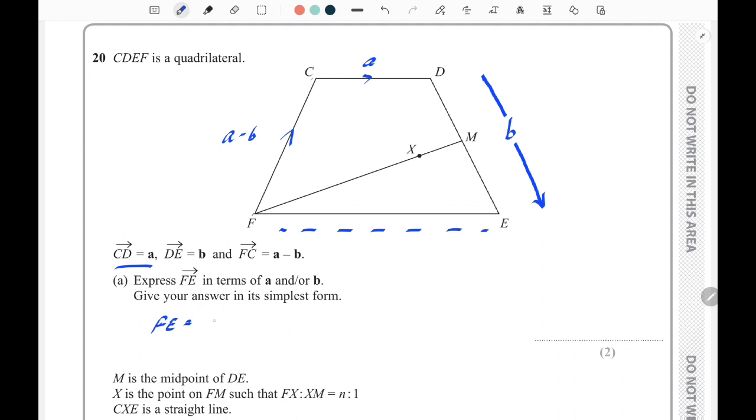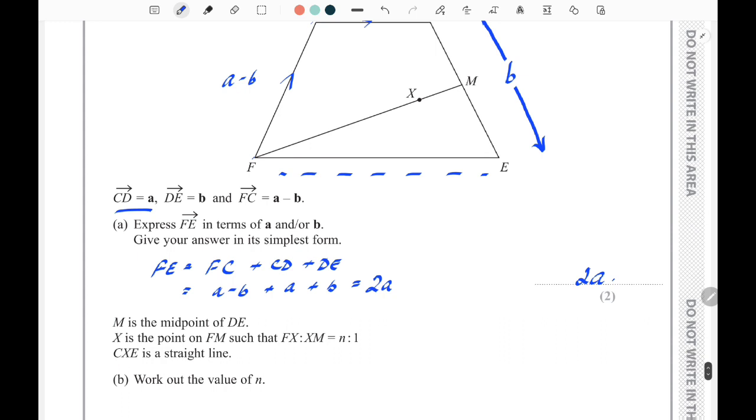So FE is the same as FC plus CD plus DE, all right? So FC we know is A minus B, CD is A, and then DE is B, all right? So that comes to just 2A when you simplify that, all right?